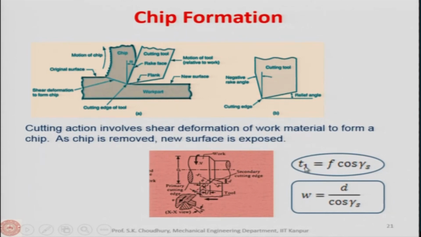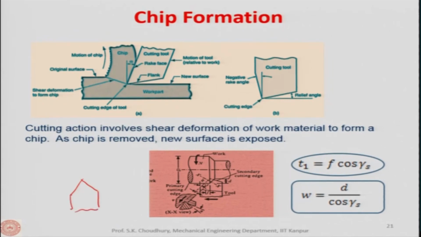This T1 you can find out from this small triangle. This T1 will be here. So, this is equal to f and the cos of gamma s, the side cutting edge angle. Here the side cutting edge angle is given with the wrong notation, wrong meaning not according to this notation.